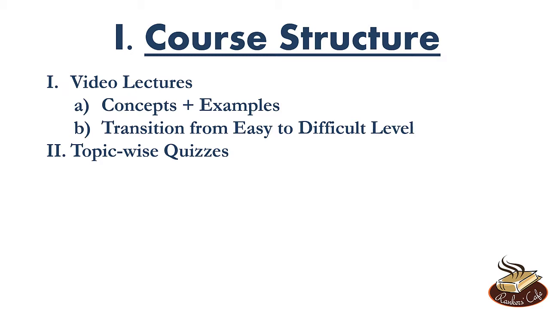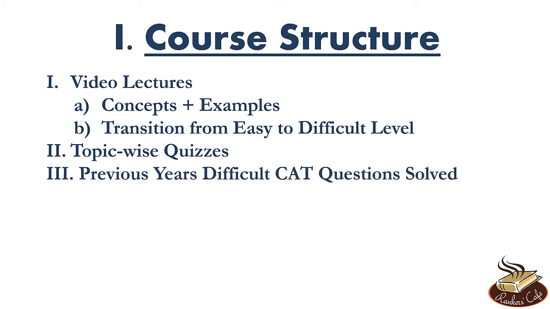And when we complete any chapter, the last video or the last two videos, whatever the case may be, contain some of the toughest questions asked in CAT from that chapter. Since CAT went online in 2009, we don't have question papers of CAT from that year.